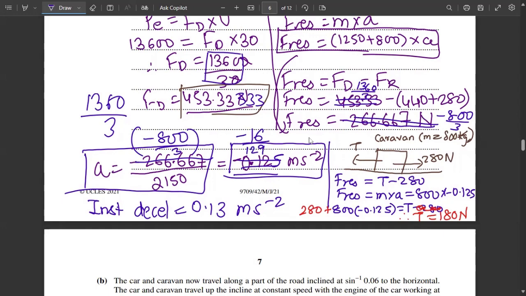Not 219, 129. And here also instead of this we wrote 0.13. So this should be minus 16 upon 129. So let me write this as minus 16 upon 129. So if I write 800 into minus 16 upon 129 plus 280.